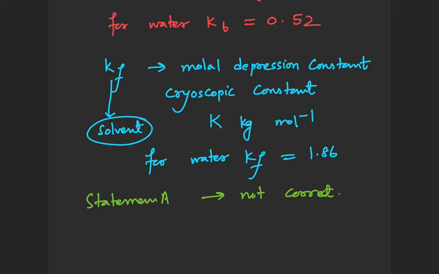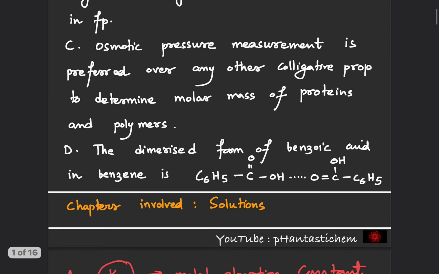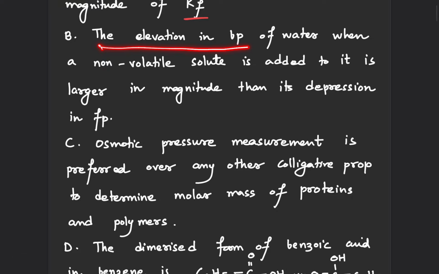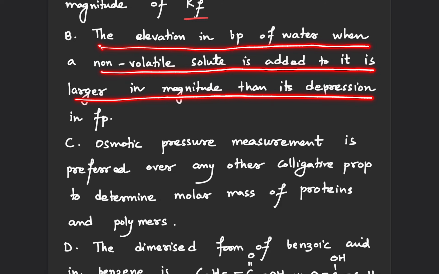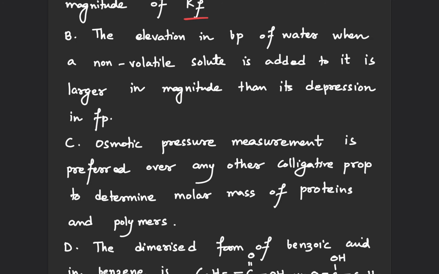So let us look into statement B. The elevation in boiling point of water when a non-volatile solute is added to it is larger in magnitude than its depression in freezing point. So we are talking about elevation in boiling point and depression in the freezing point.